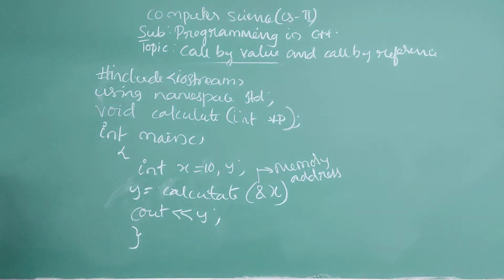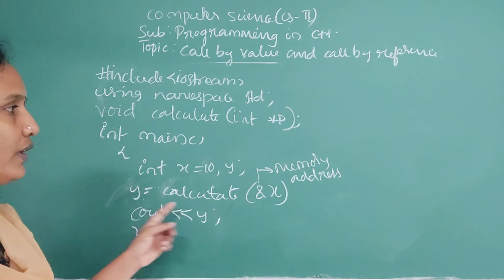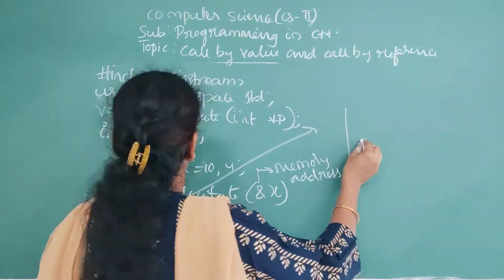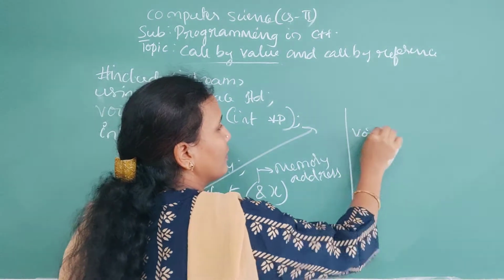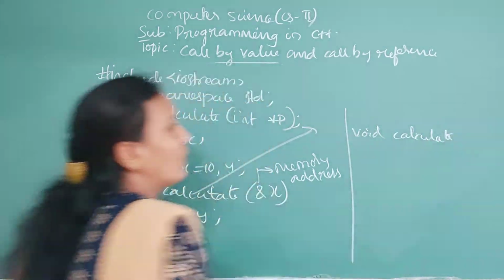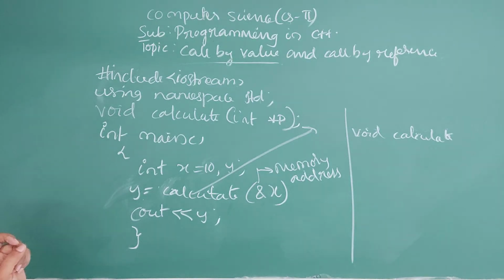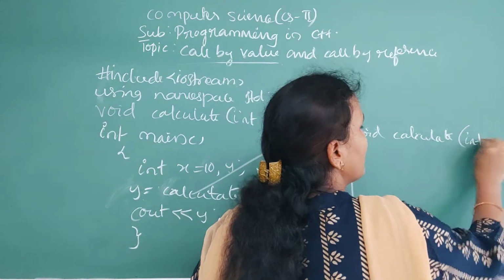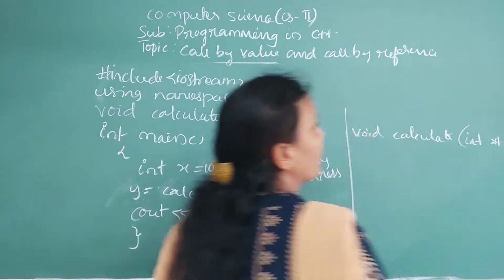So this is the main function. Now when you call the user defined function, void calculate, here we use void calculate, int asterisk p. Here what happened?